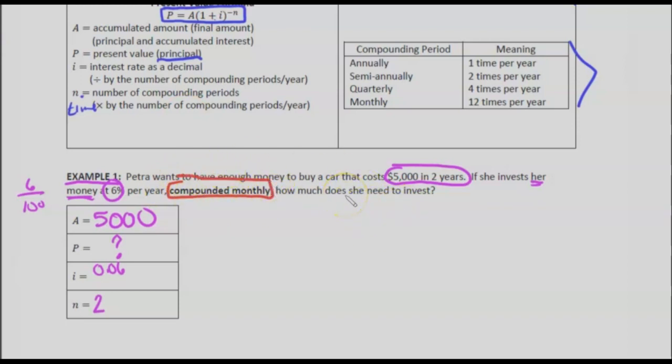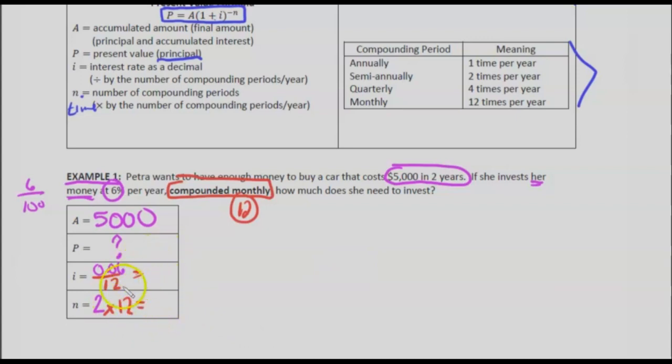Okay, so you're thinking automatically, how much do I need to invest today in order to have $5,000 in 2 years? Okay, so monthly. Monthly is 12. We're going to divide the interest rate by 12 and then multiply the years by 12.